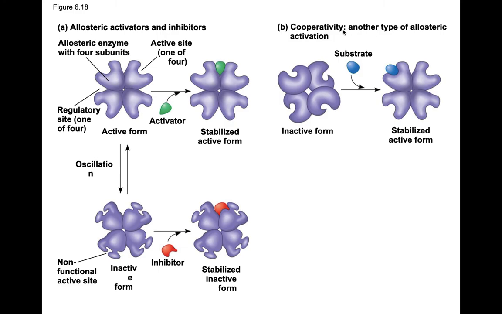Another thing that can happen is one substrate can bind to one part of the protein, and then the other parts of the enzyme as a result turn on. And then we can also have inhibition where the molecule binds to the protein and causes it to not have any binds occur, which means chemical reactions would cease.